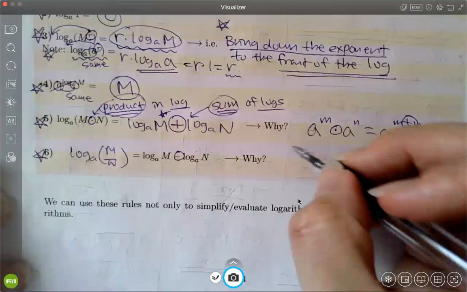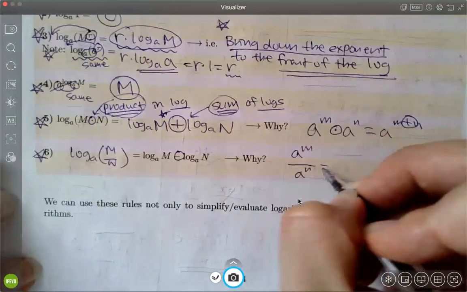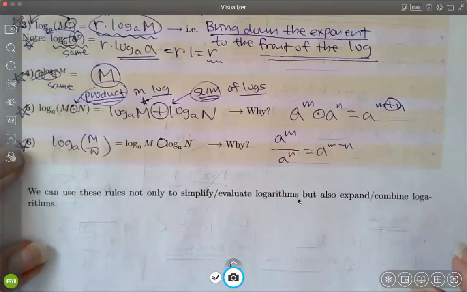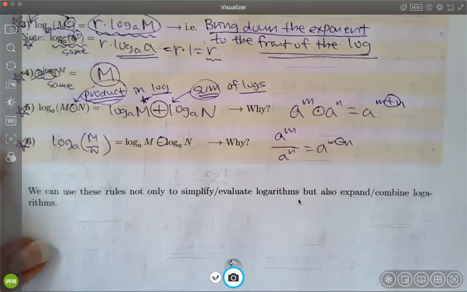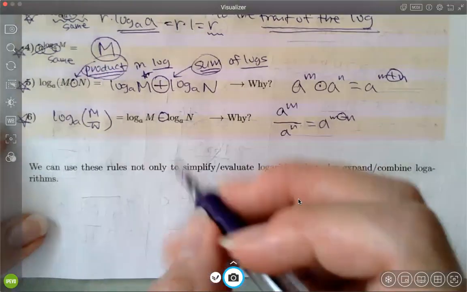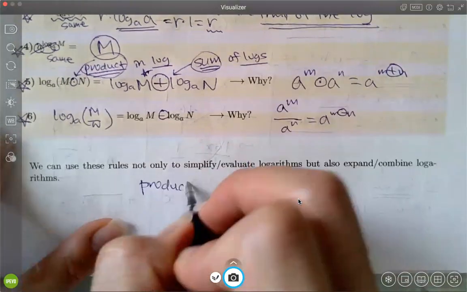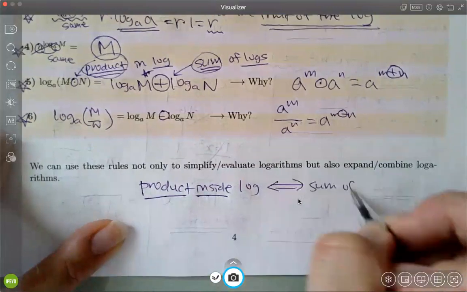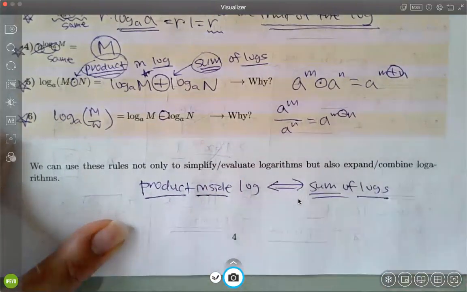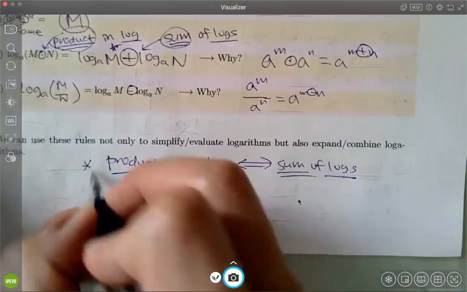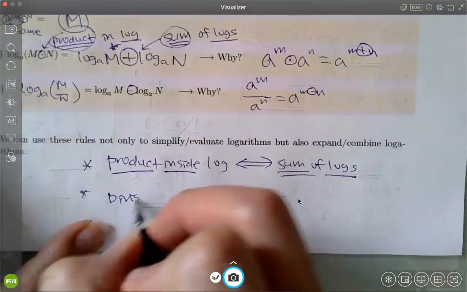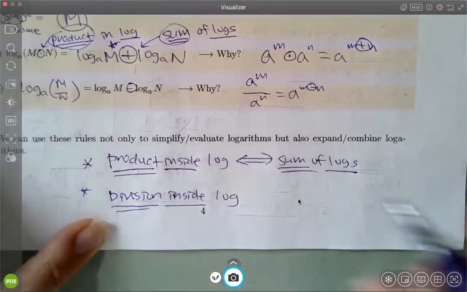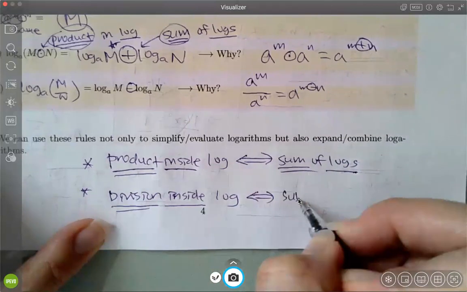There was another rule of exponents which goes like this: A to the M over A to the N is equal to A to the power M minus N. So again, rules number 5 and 6 say the product inside the log is the same thing as the sum of logs, and when we have a division within the log, that's the same thing as the subtraction of logs.